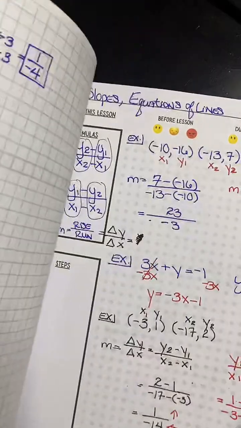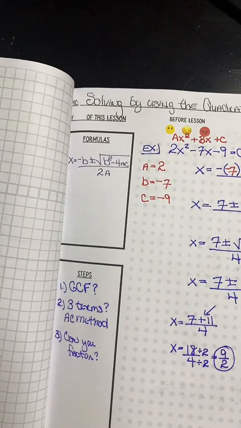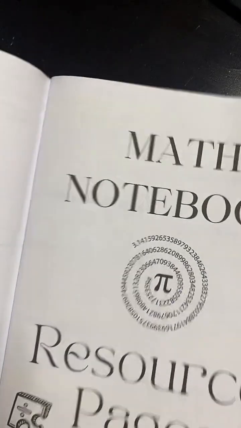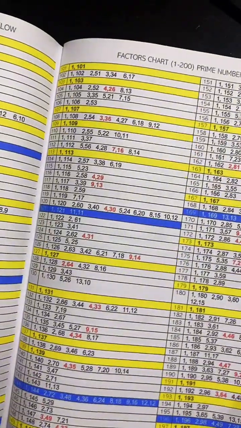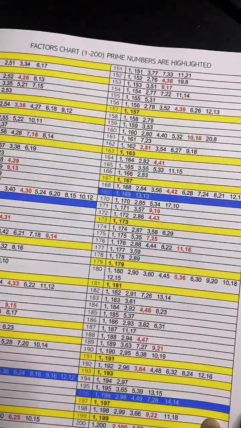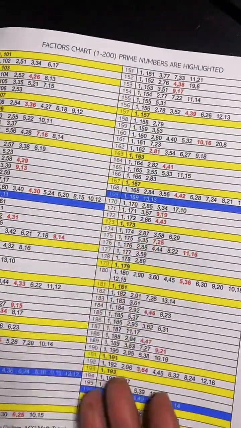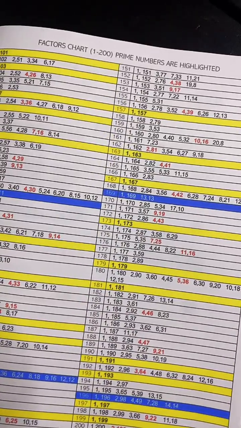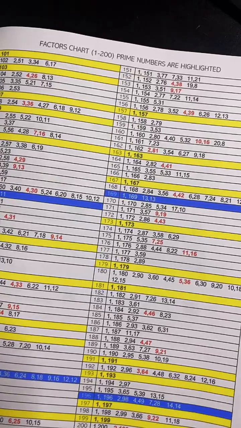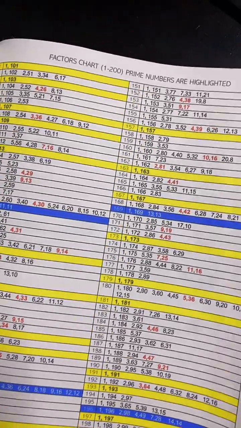So it's not just the notes section and a section for your formulas and your steps. It also gives you resource pages. So here is a factor sheet from 1 to 200. If your multiplication tables are not up to snuff, you can use the factor sheet to help factor out numbers. You can use it to help break down radicals, finding that perfect prime combination.